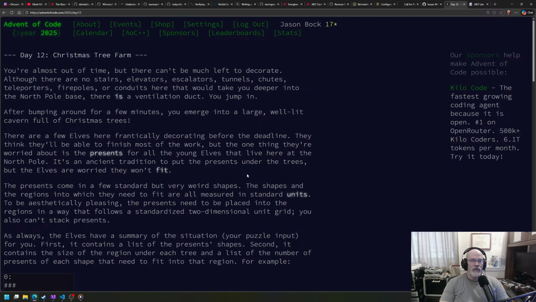The presents come in a few standard but very weird shapes. The shapes and the regions into which they need to fit are all measured in standard units. To be aesthetically pleasing, the presents need to be placed into the regions in a way that follows a standardized two-dimensional unit grid. You also can't stack presents. The circle goes in the circle hole.